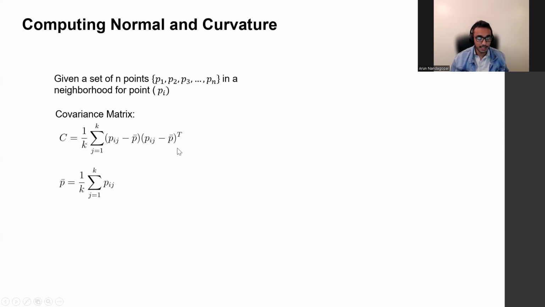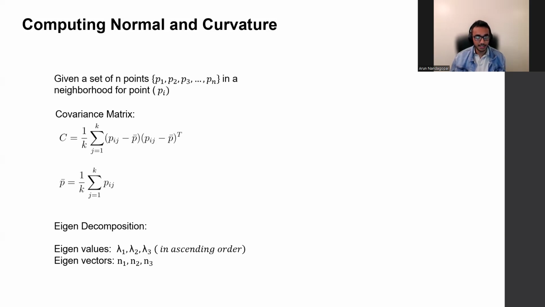By doing this calculation, what we get at the end is the covariance matrix, which is a 3 cross 3 matrix, which represents how all the points in this k nearest neighbors correlate with each other.